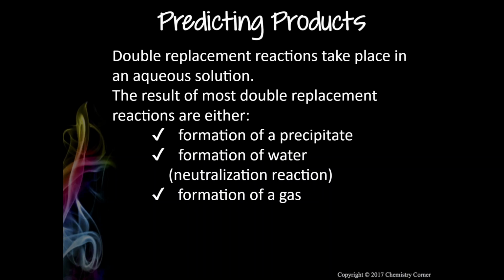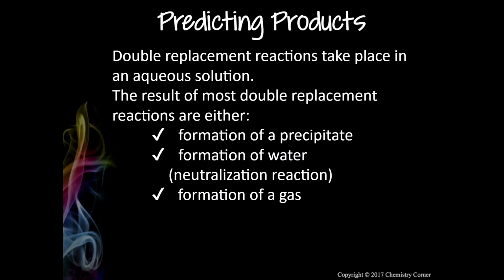When we have double replacement, that will take place in an aqueous solution. Remember that aqueous just means that our compounds are dissolved in water, and you can tell that by seeing the (aq) in parentheses behind the compound name. The results of our double replacement are going to be a precipitate, or a neutralization, or the formation of a gas.